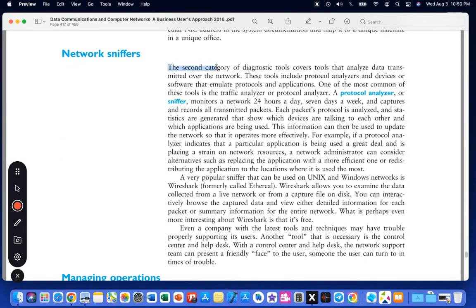Network sniffers, the second category of network diagnostic tools, covers tools that analyze data transmitted over the network. These tools include protocol analyzers and devices for software that emulate protocols and applications. One of the most common of these tools is the traffic analyzer or protocol analyzer.